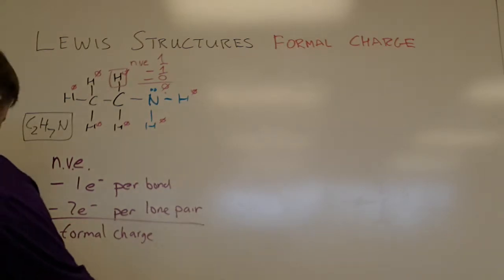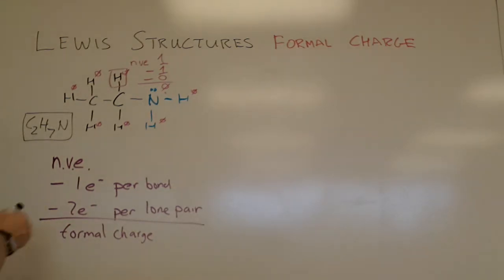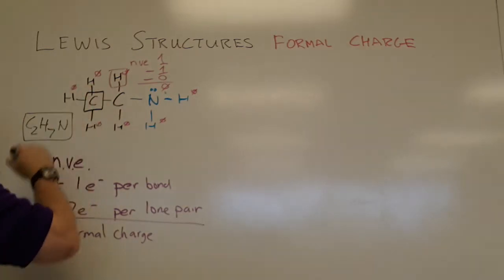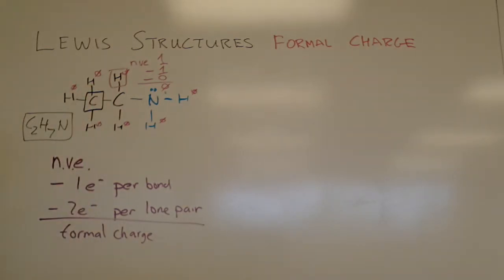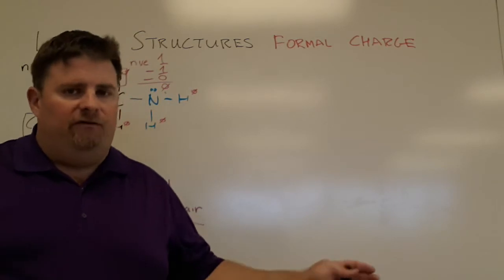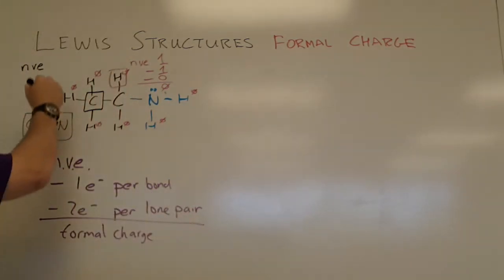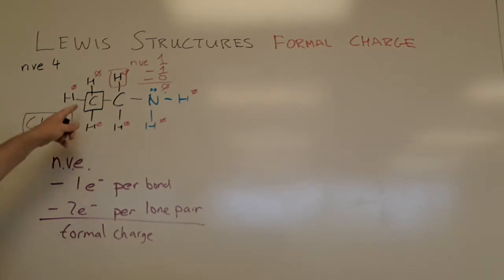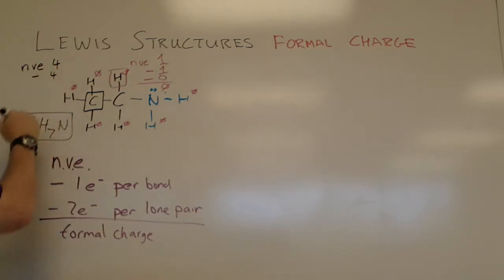Let's look at these carbons. I'm going to identify this carbon here and calculate its formal charge. How many normal valence electrons does carbon have? It's got 4 Lewis dots, so it has 4 normal valence electrons. How many single bonds does this one have? 1, 2, 3, 4, so we subtract 4.